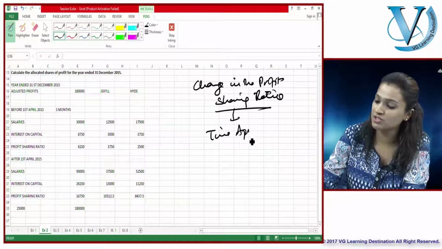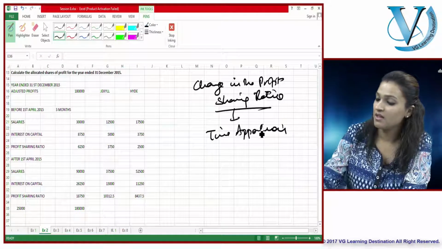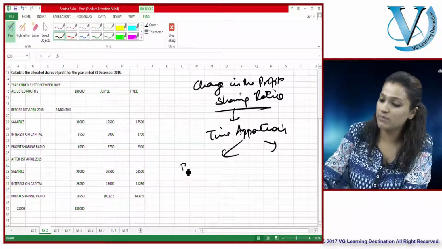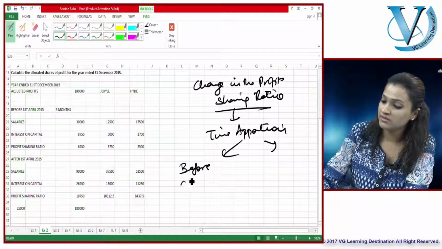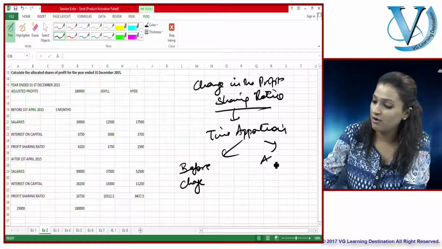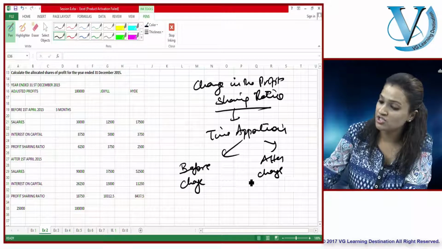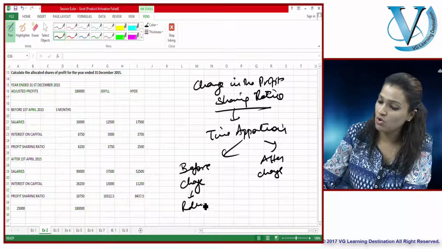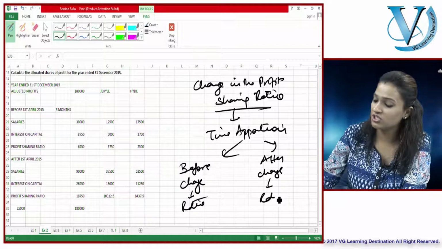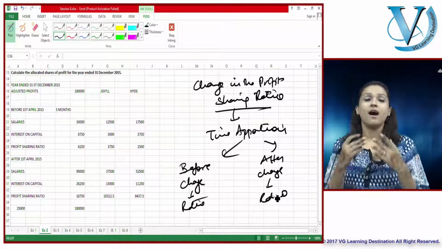You need to time apportion before the change and after the change. The ratio which was before the change and the ratio which was after the change.